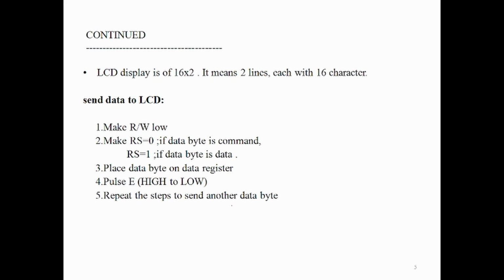And how to send data to the LCD? I have already discussed this. First you have to make the RW pin low, meaning write operation. Then you have to make RS 0 if the data byte is a command, meaning if the value on D0 to D7 is a command, right?